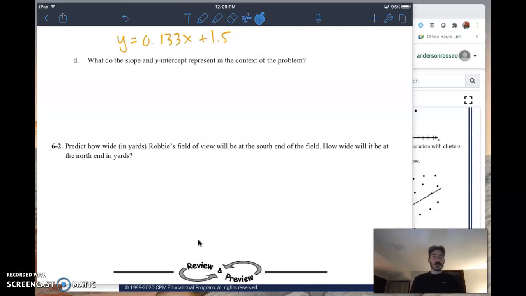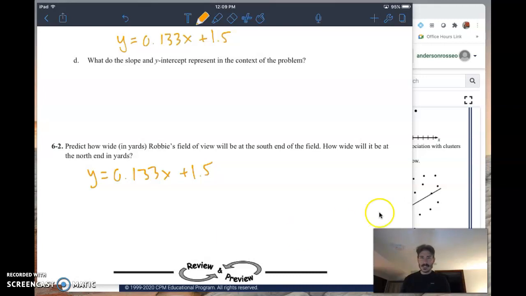It says, predict how far in yards Robbie's field of view will be at the south end of the field. How wide will it be at the north end? We're going to use our model to make this prediction. My model is 0.133, and I did round that, plus 1.5. And it does say predict this in yards.